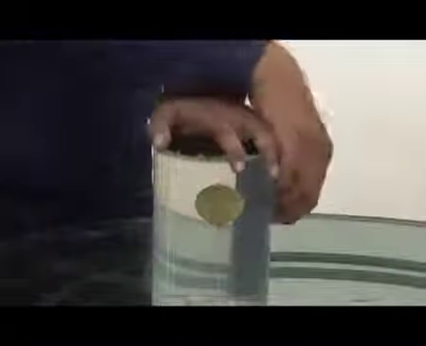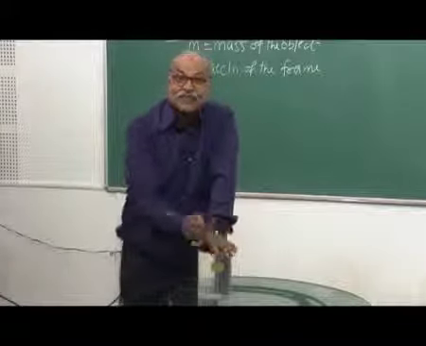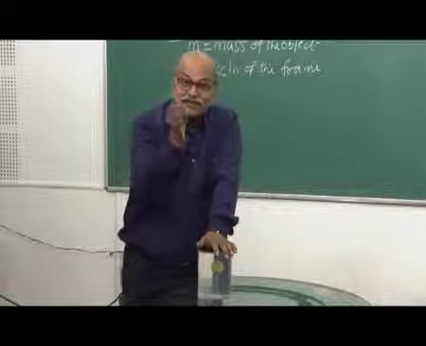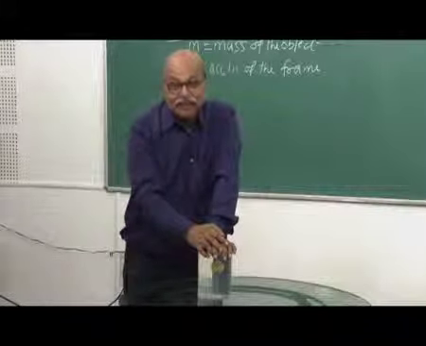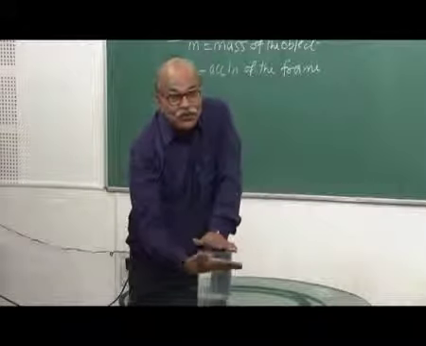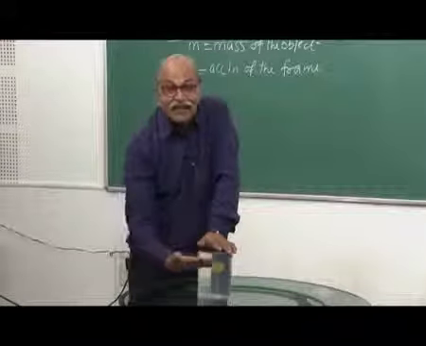Because of this pressure difference, you have a real force, and that real force dominates over the pseudo force. If you write F equals ma, including the pseudo forces and the real forces, the total net resultant force is towards the left direction, and that is how it moves to the left.